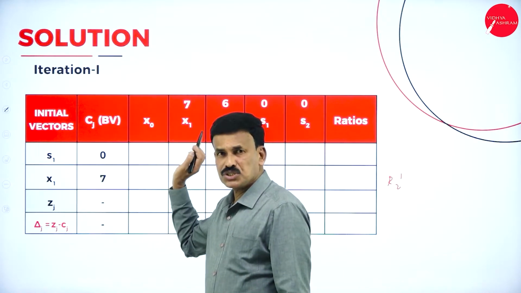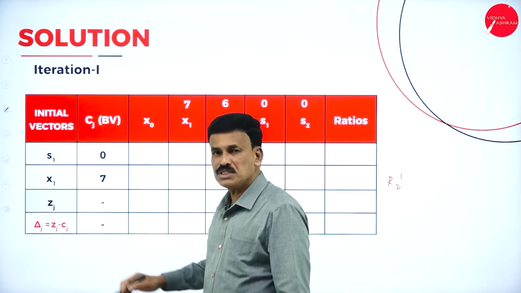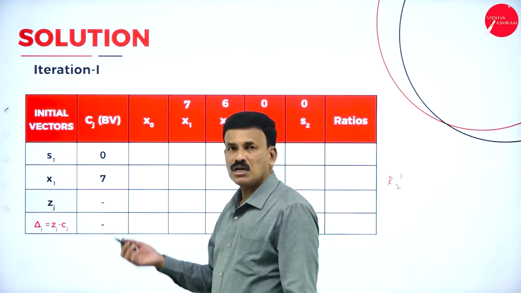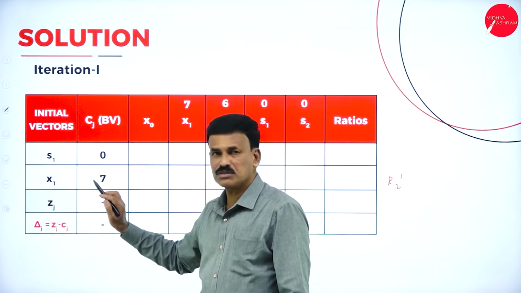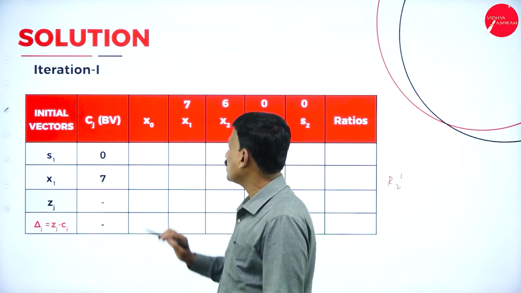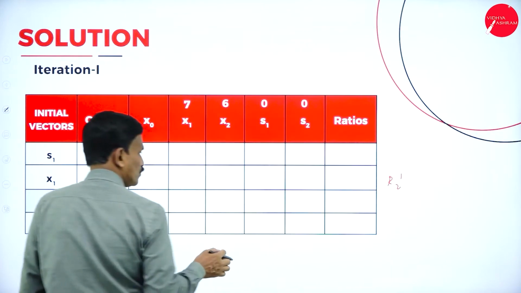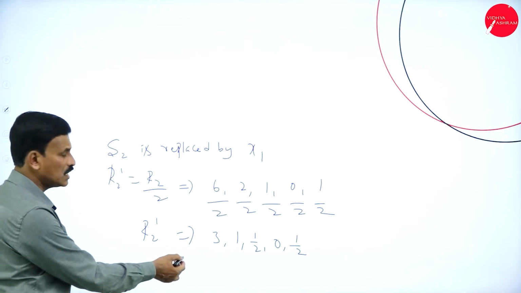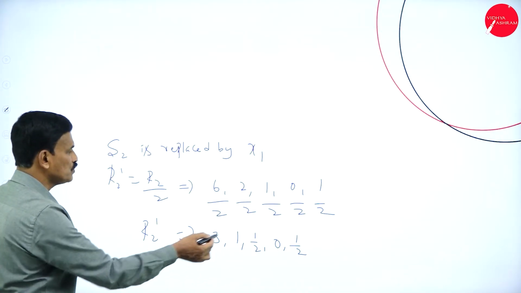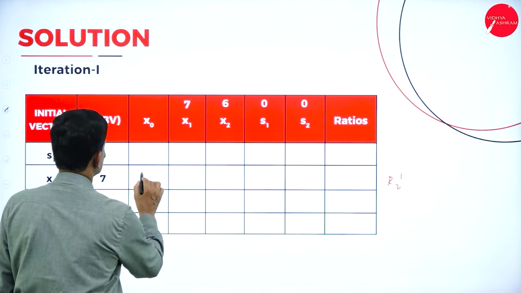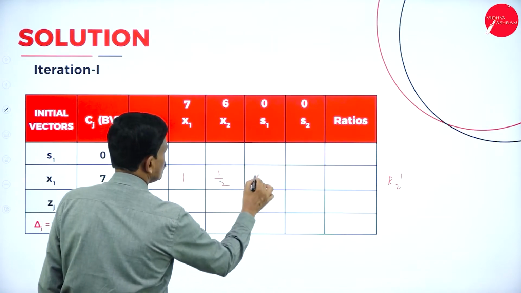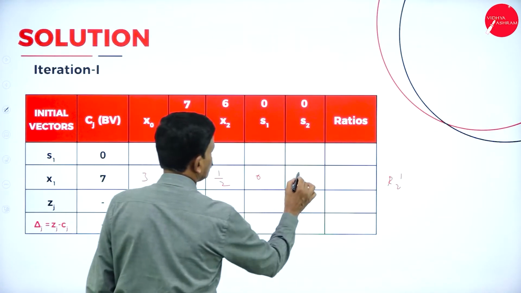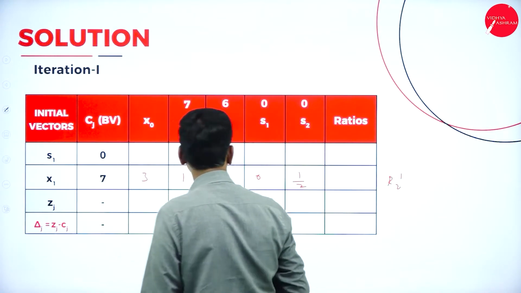Here S2 is replaced by x1, that means the outgoing variable is replaced by the incoming variable x1 and the coefficient of x1 is 7. So for R2 dash we are getting these elements 3, 1, 1 by 2, 0 and 1 by 2. This is the new row.